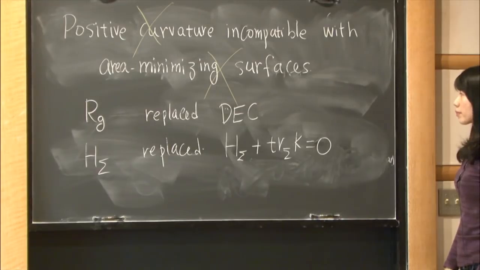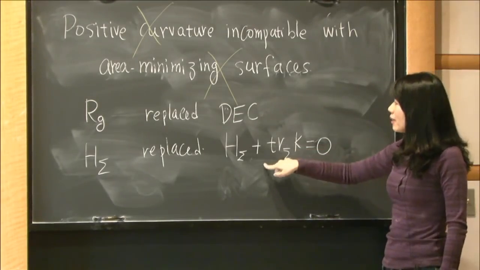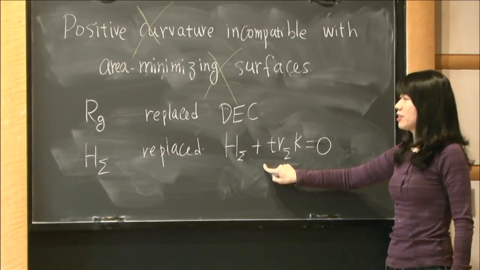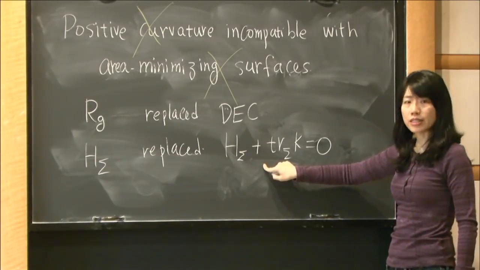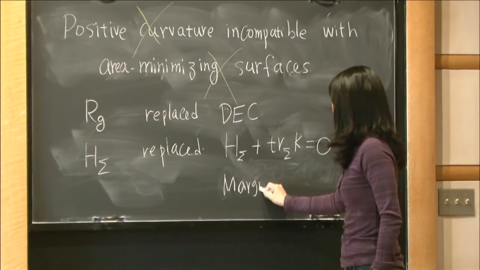Okay, so there's an analytical difficulty to work on this, because this equation is fundamentally different from the minimal surface equation. This is called a marginally outer trapped surface.